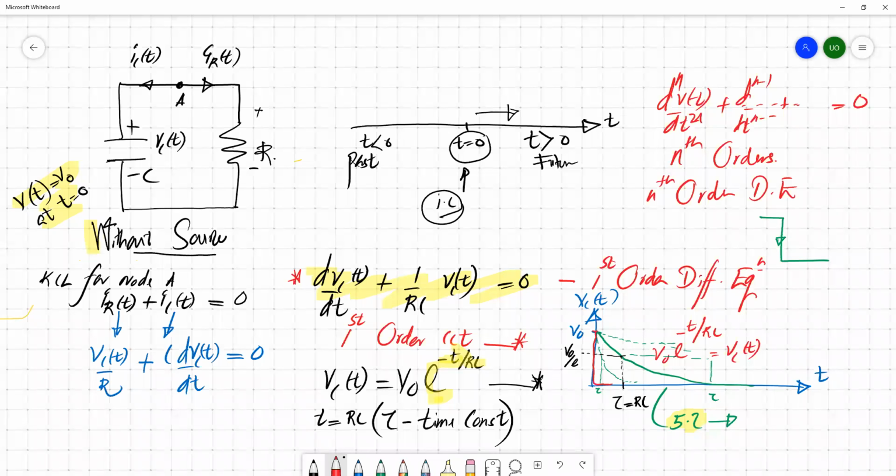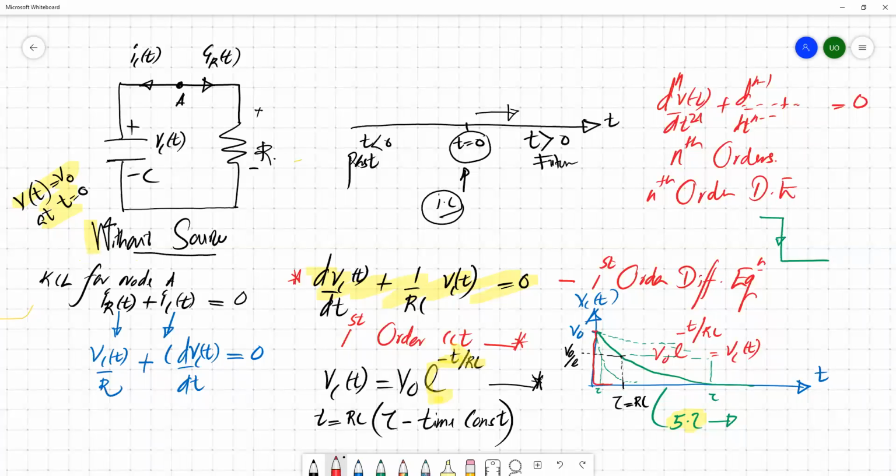You can reduce the order by considering series-parallel combinations. By looking at the circuit, sometimes we cannot exactly say whether it is an nth order, first order or second order one, but once you write the equations, you can easily find the order of the circuit.